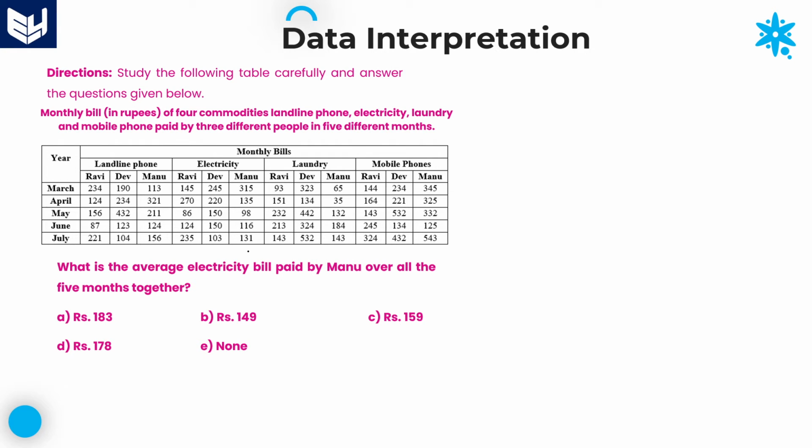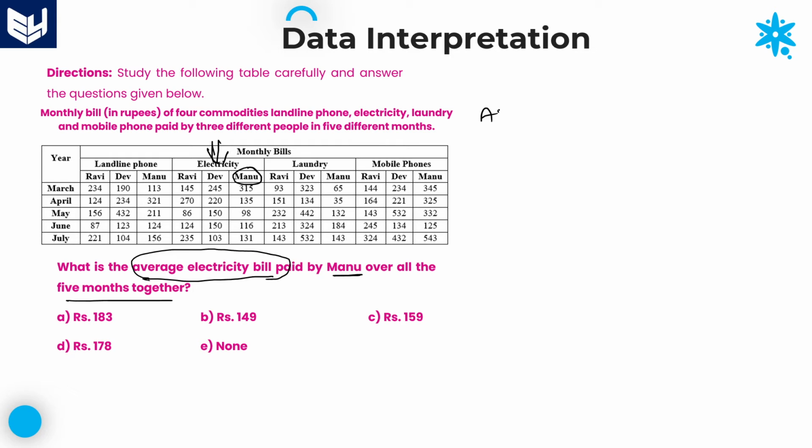Let's move on to the next question. What is the average electricity bill paid by Manu? You need to calculate the average electricity bill paid by Manu over all 5 months together.